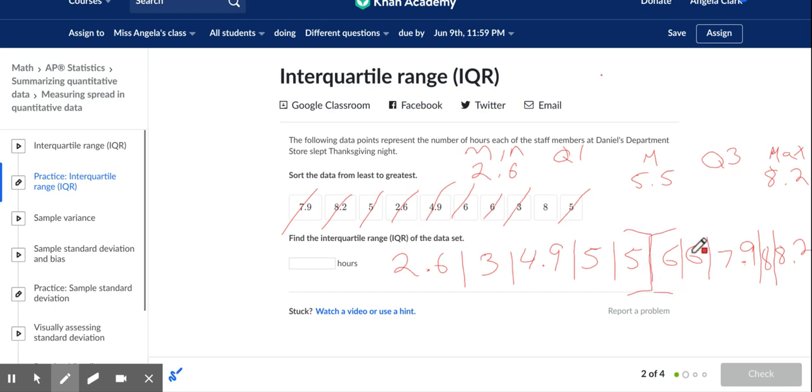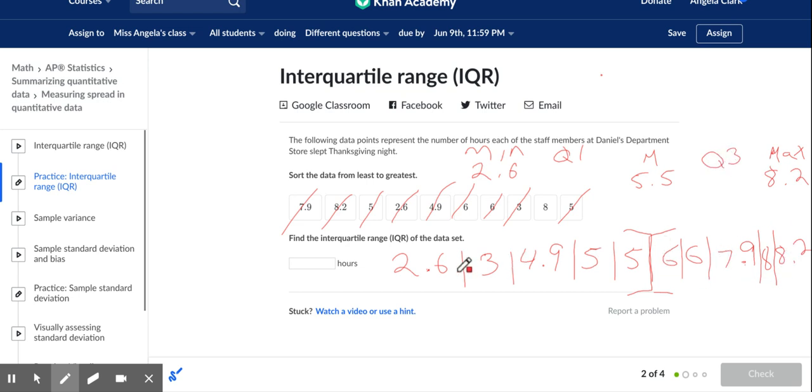So we're going to split the data in between our two medians. So then the lower quartile is going to be the median of these 5, and the upper quartile is going to be the median of these 5.